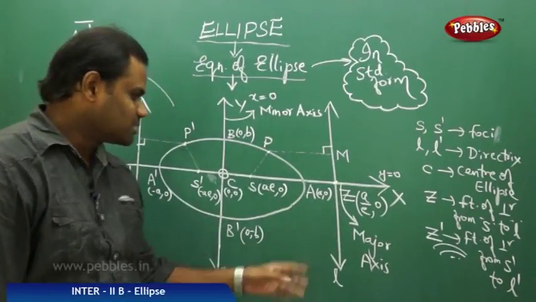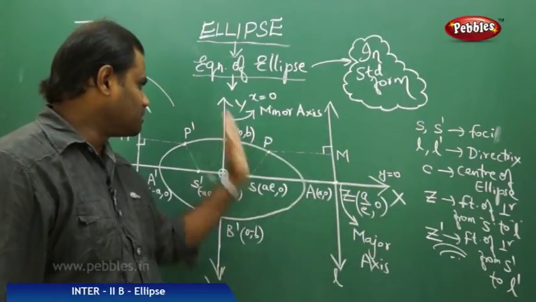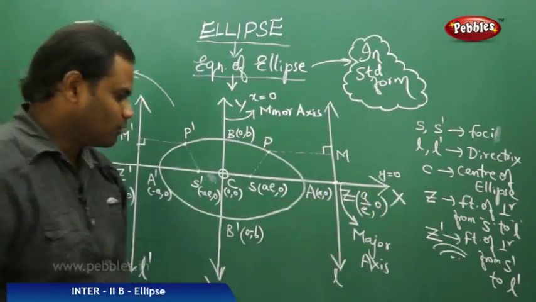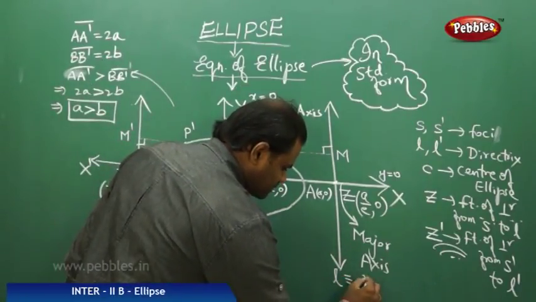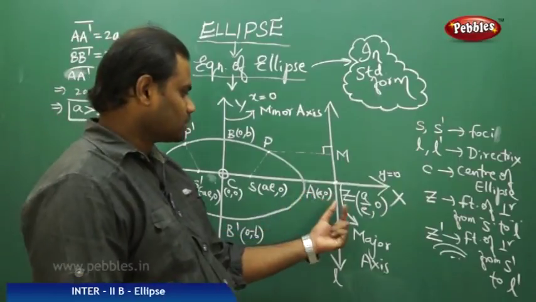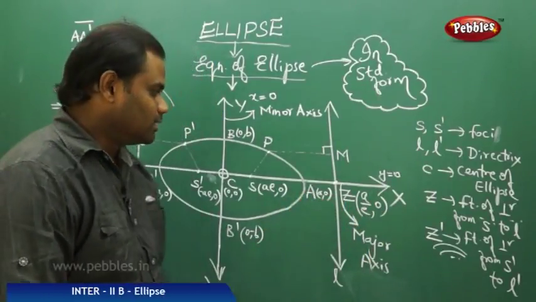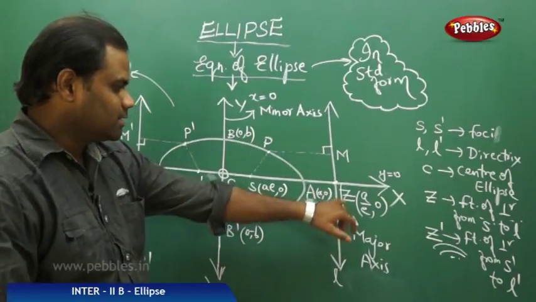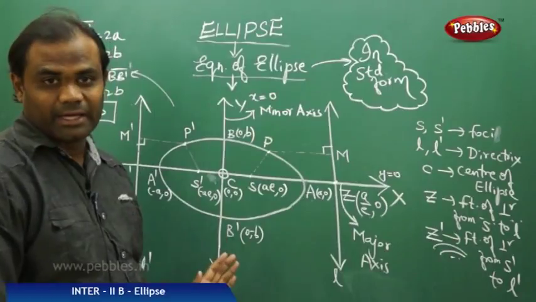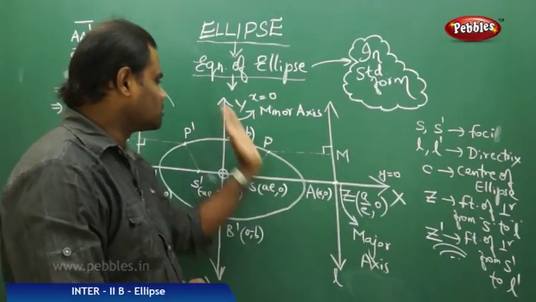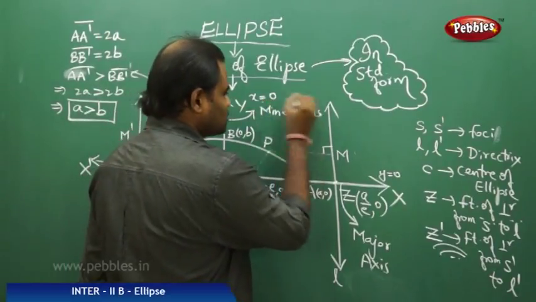Now also, as I see that the coordinates of Z is (a by e, 0) and this line is parallel to y-axis, therefore equation of directrix is given by the line which is parallel to y-axis. Therefore, this line being parallel to y-axis has its equation in the form with x equal to a constant.